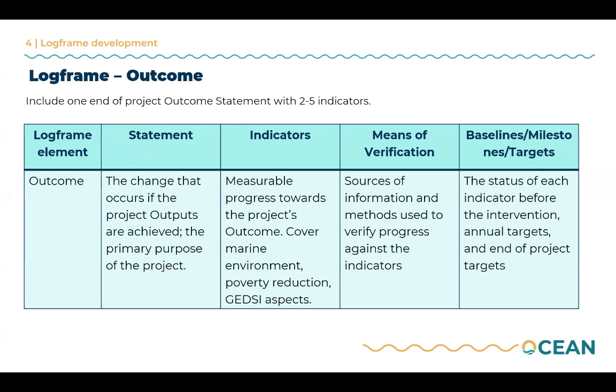And we ask you to make sure that those indicators cover both the marine environment impact and the poverty reduction aspects of that outcome. Each of your indicators should have sources of evidence attached to them. So the means of verification are those sources of evidence. And each of your indicators should have some baselines, milestones, and targets.